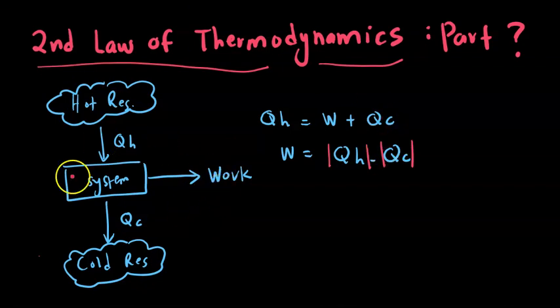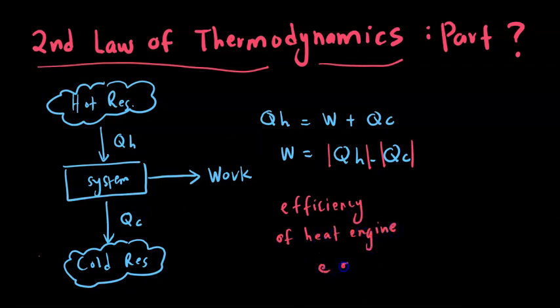Okay, so if I have a heat engine, right? I have a device which is a heat engine. I wanted to know, okay, what is the efficiency of my heat engine? How much work can it do for me? So in that case, I need to calculate the work done that it can give me over the heat that it absorbs, right? So the efficiency of a heat engine, we label this as small e.